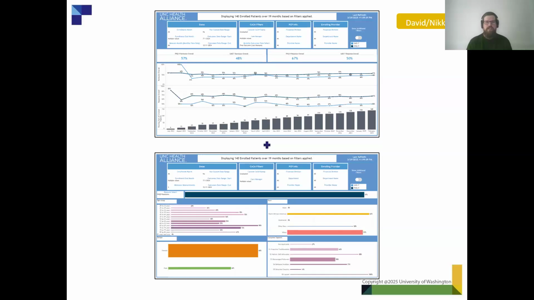And so looking forward, we've really done a lot of work to make sure that we're able to track those outcomes and provide consistent care.